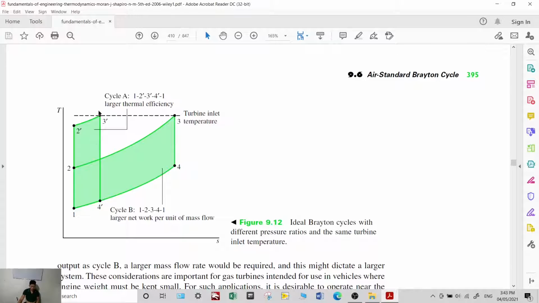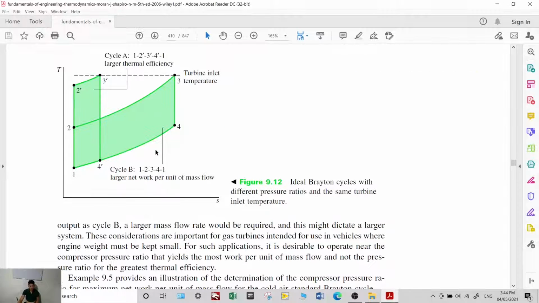However, the same ang inlet temperature sa imuang duha ka system. Okay? So, cycle A would have higher thermal efficiency, but based on the figure, cycle B has greater area, no? So this translates to a greater work per unit mass flow. Okay? So mas dako na siya mag-produce ng work.